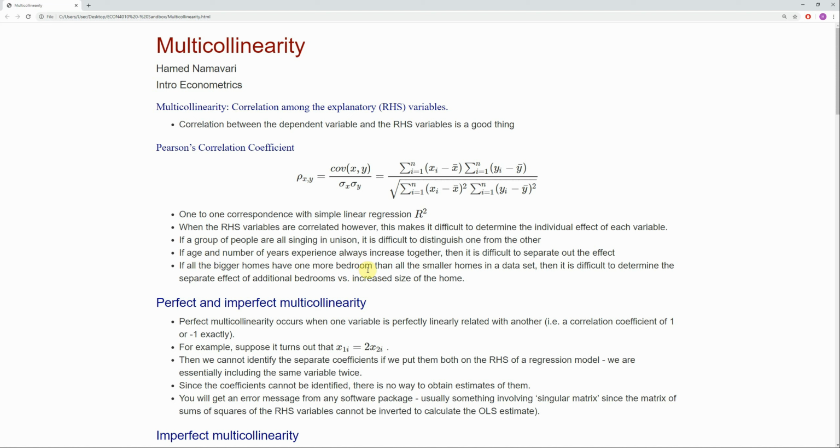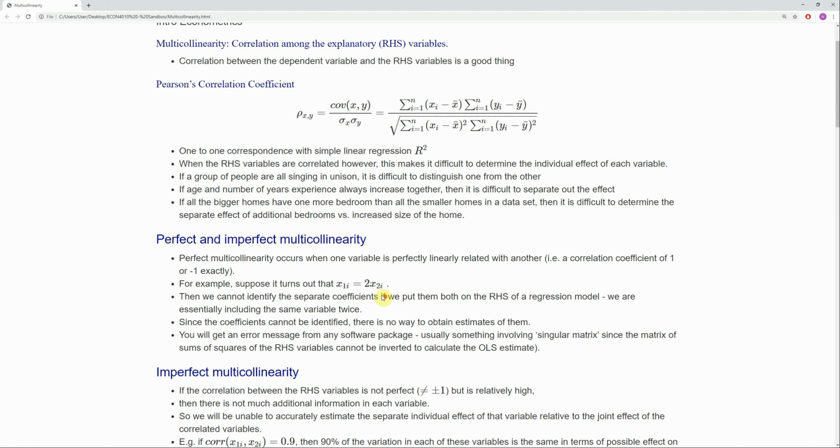Or like one of the examples that you've seen before, bigger homes tend to have more bedrooms. So higher square footage has a positive correlation with a higher number of bedrooms. And if you're using those variables in explaining a left-hand side variable that could be the price of the house, you could potentially end up with some problems.